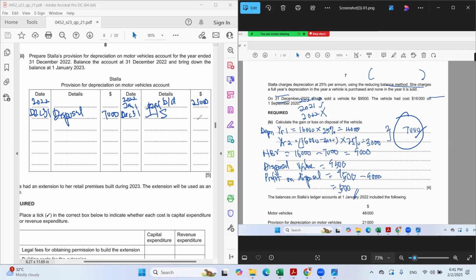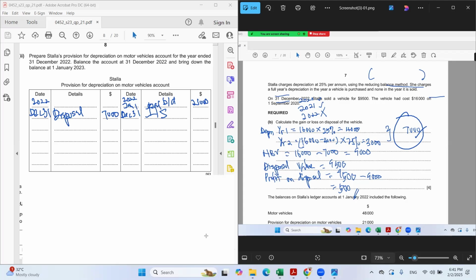So how are we going to calculate this current year? We have the asset balance, which is 32,000. Let me show how to calculate the income statement amount for the depreciation. Our cost balance is 32,000, this is the cost for the asset.